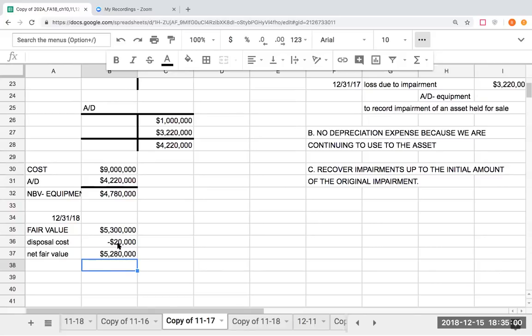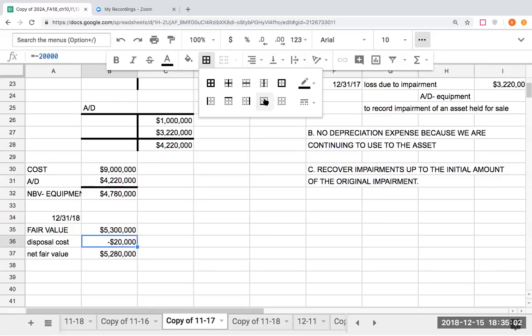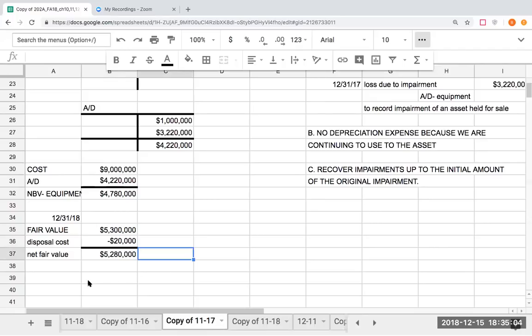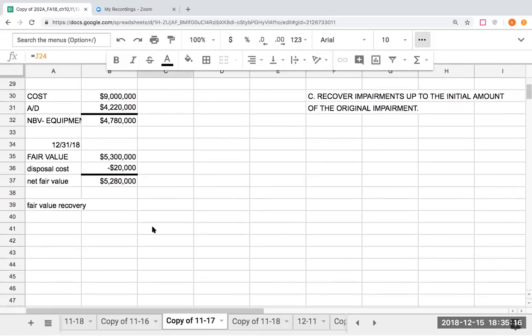So in terms of showing this recovery in fair value, remember my rule is I can take up to the amount of the initial impairment.